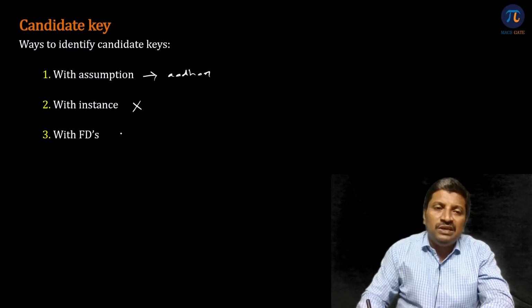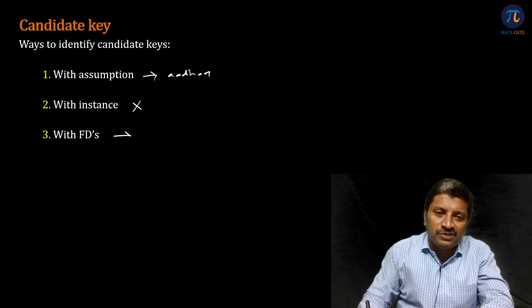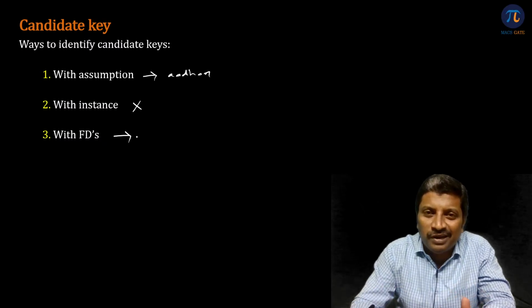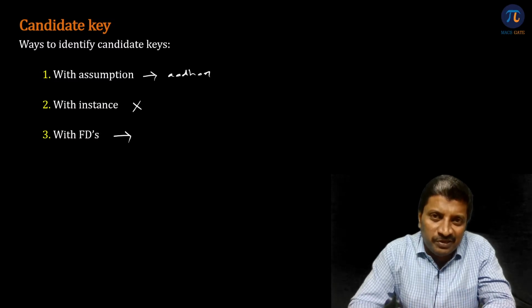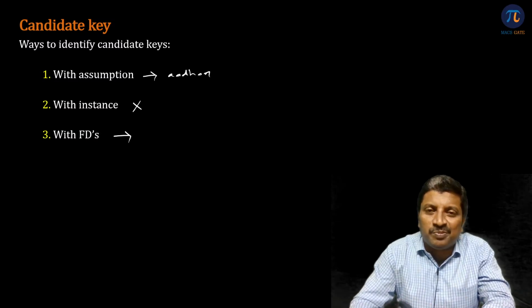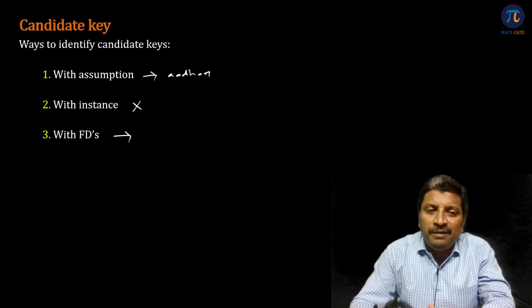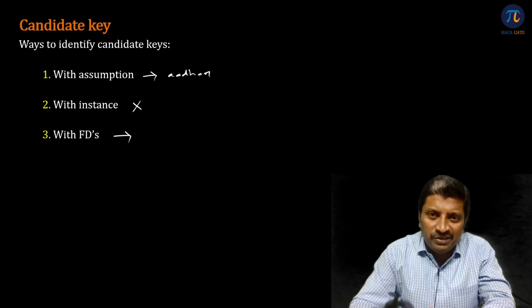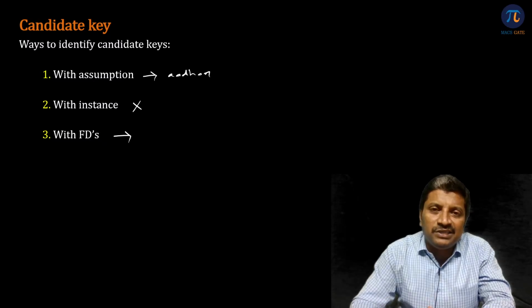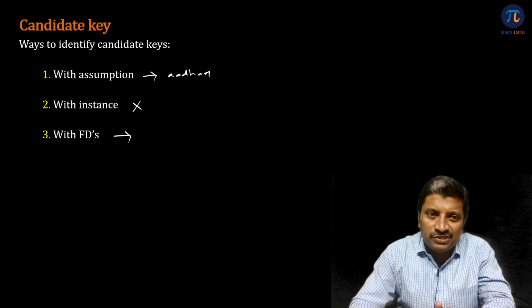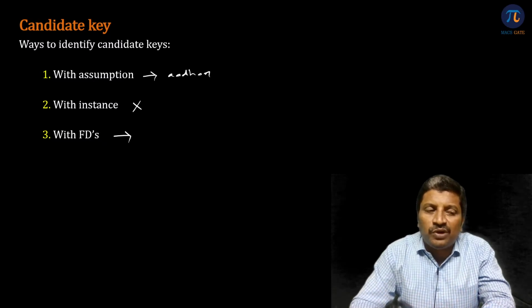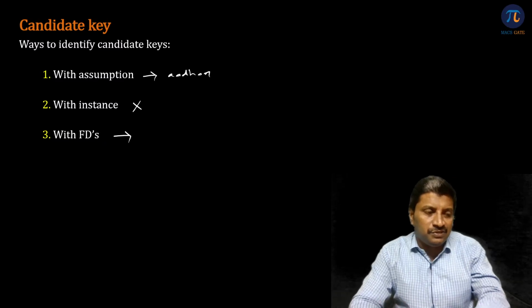And the next one is with the help of functional dependencies. We have a big story like Bahubali about functional dependencies that we discussed in a separate class. What is a functional dependency? How to identify functional dependencies, and how to identify the candidate keys using functional dependencies. So these are the three ways to identify the candidate keys.